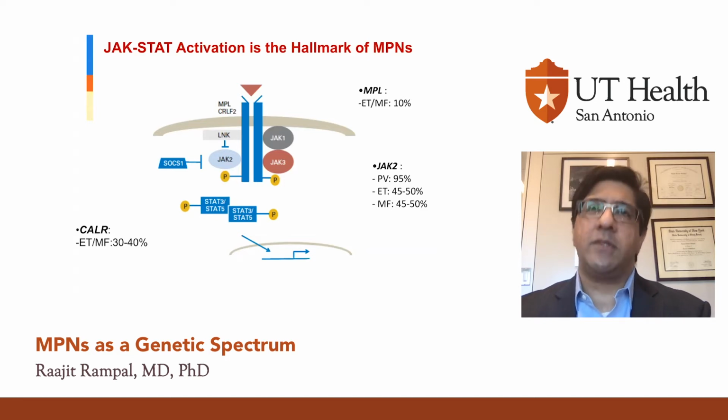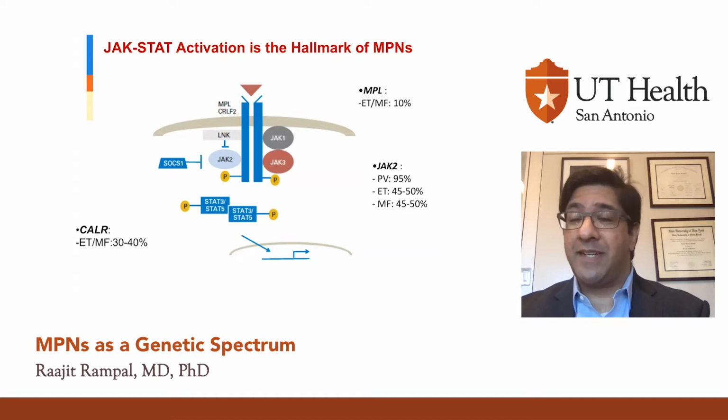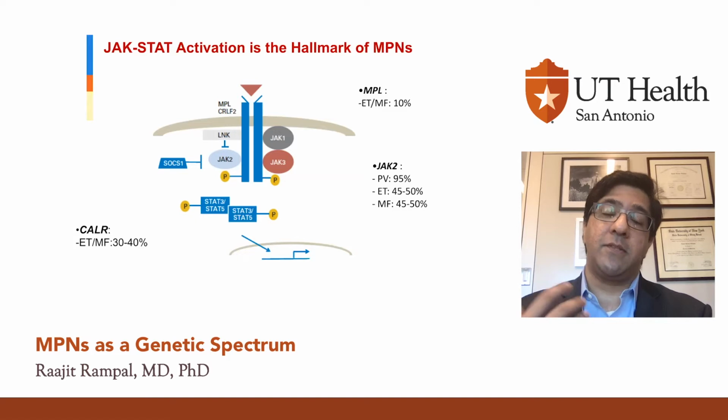Of course, there are about 10 to 15% of patients where the driver mutation or driver event has not been identified. Nonetheless, genomic profiling has demonstrated that such patients still display hallmarks of JAK-STAT activation in terms of gene expression.